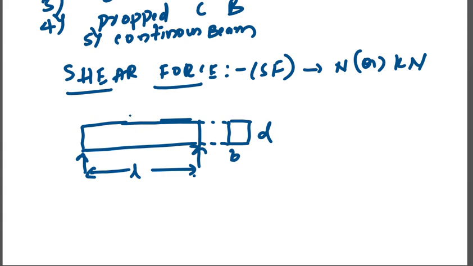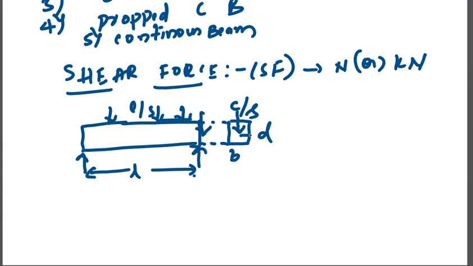In this view, you can see only the length of the beam, so it is called the longitudinal section. Here you are seeing only width and depth; you can't see the length of the beam. This is called the cross section of a beam. If the applied load is parallel to the cross section area or to the surface of the cross section, then it is called shear force.